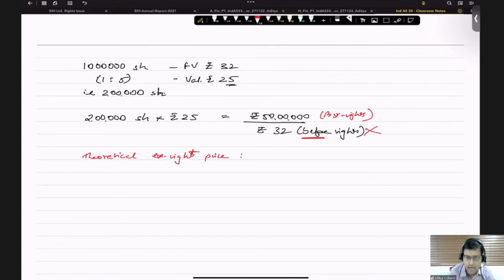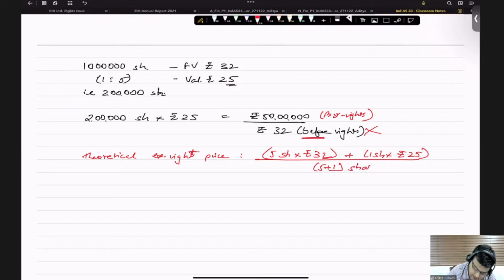Sir, how do we do that? Very simple. You are having 5 shares of rupees 32 each. If you have 5 shares of 32 each, you can get 1 share at 25. So what will be left with the company? 5 shares of 32 plus 1 share of 25, resulting in 5 plus 1 shares.